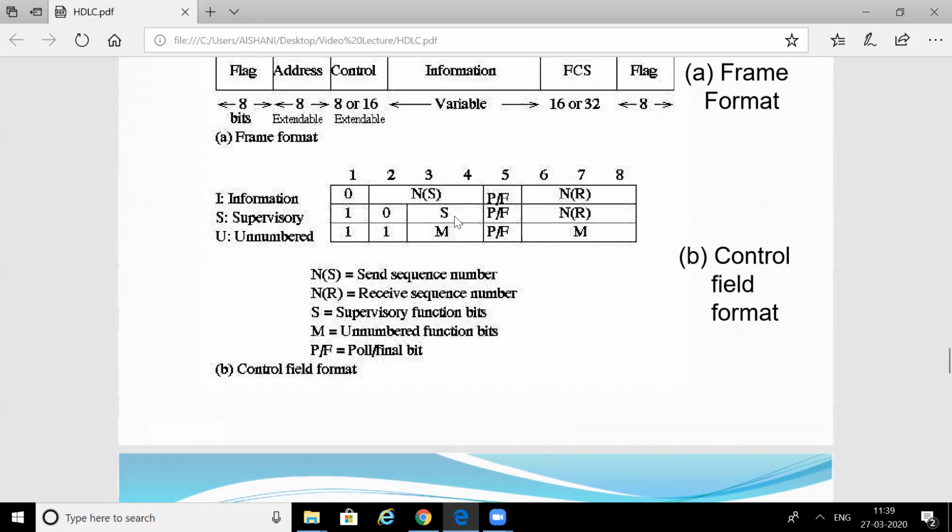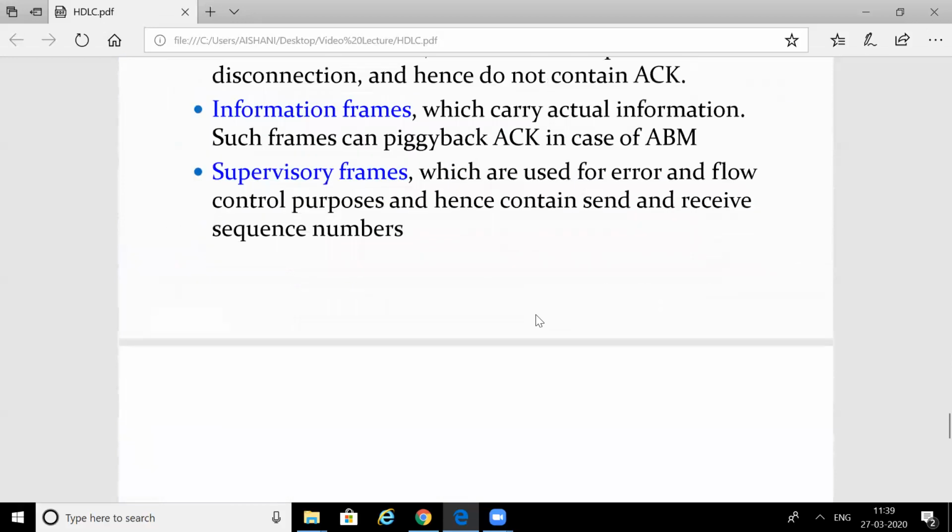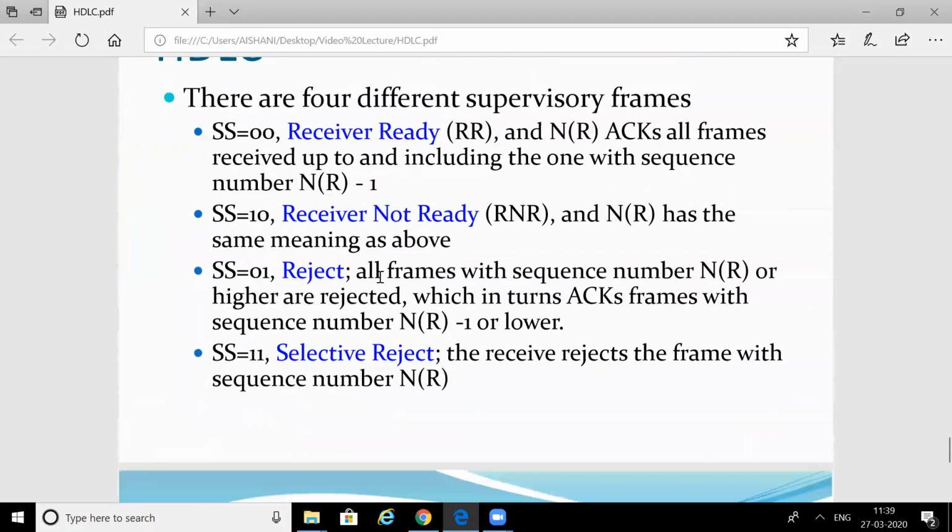Then there are 2 S bits. S bits means supervisory function bits. So what is the function of these 2 bits? If we have 2 bits, we can have 4 combinations: 0 0, 0 1, 1 0 and 1 1. If it is 0 0, that means the receiver is ready to accept the frame.